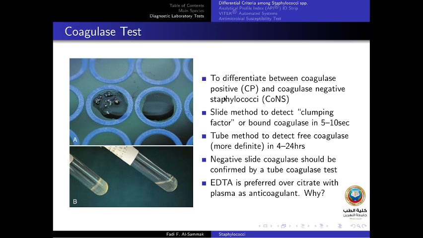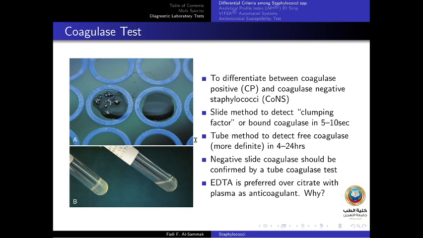For the slide method, we use plasma, and the plasma can be placed on a dry slide; human plasma can also be used. Here we put normal saline as a negative control.